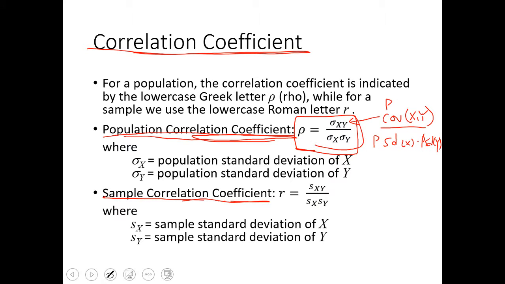Then we obtain the population correlation coefficient. The sample correlation coefficient can be obtained by the sample covariance divided by the sample standard deviation of x times the sample standard deviation of y.